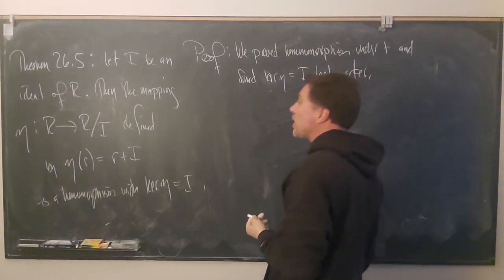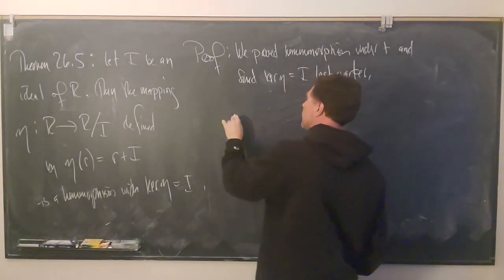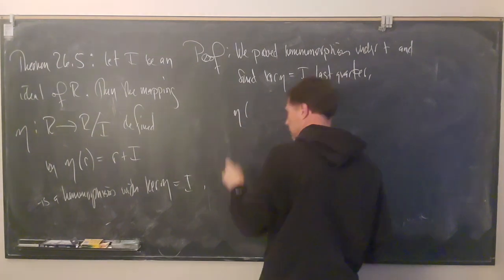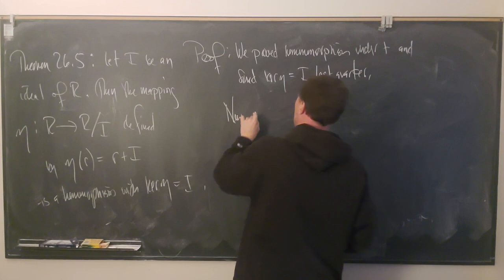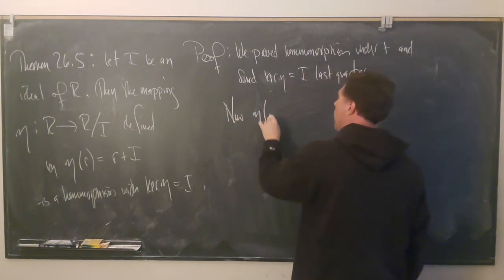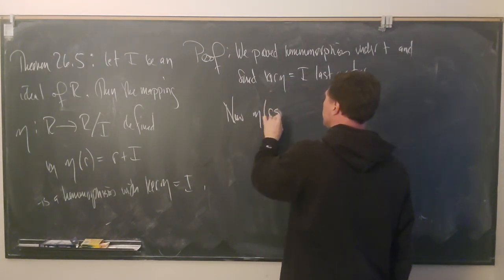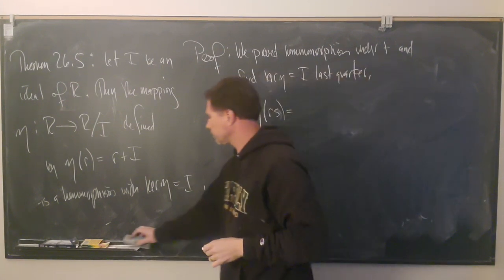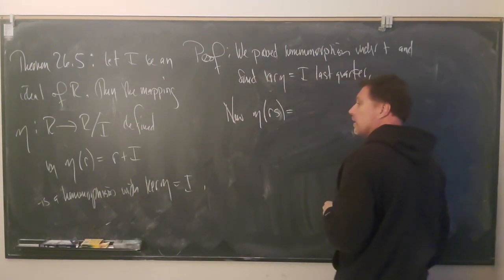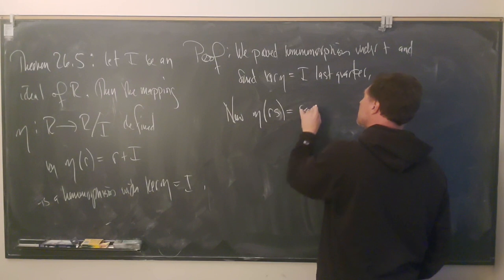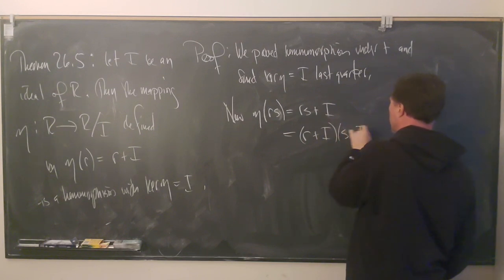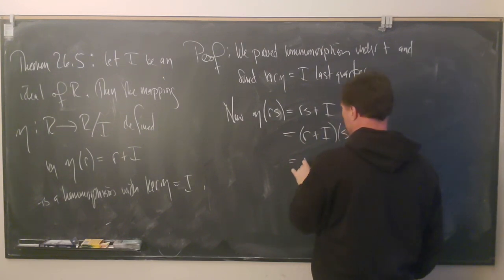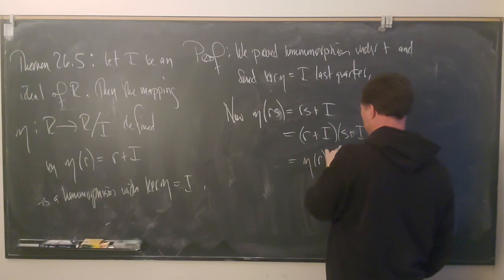So now we just need to check that it respects multiplication. So now eta of RS, that's pretty obvious how this is going to go. This is going to equal RS plus I, which we now know can be written as R plus I times S plus I. And so that's eta of R times eta of S.